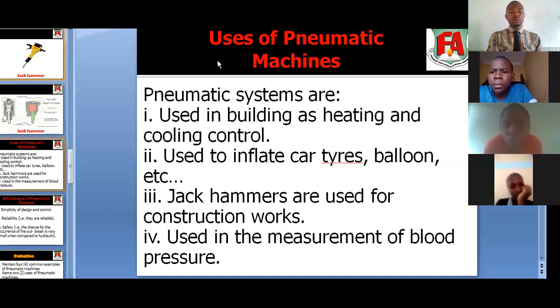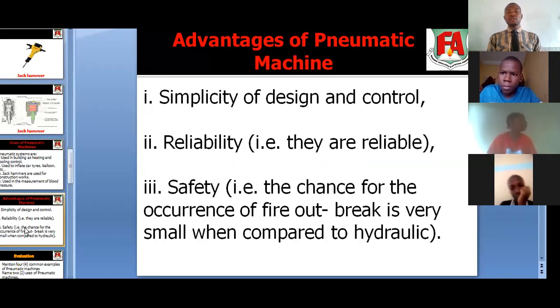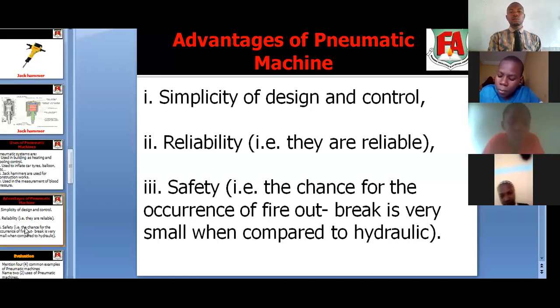Okay, let's go to the next one. Advantages of pneumatic machines. What are the advantages of pneumatic machines? One, simplicity of design and control. Two, reliability. That is, they are reliable.